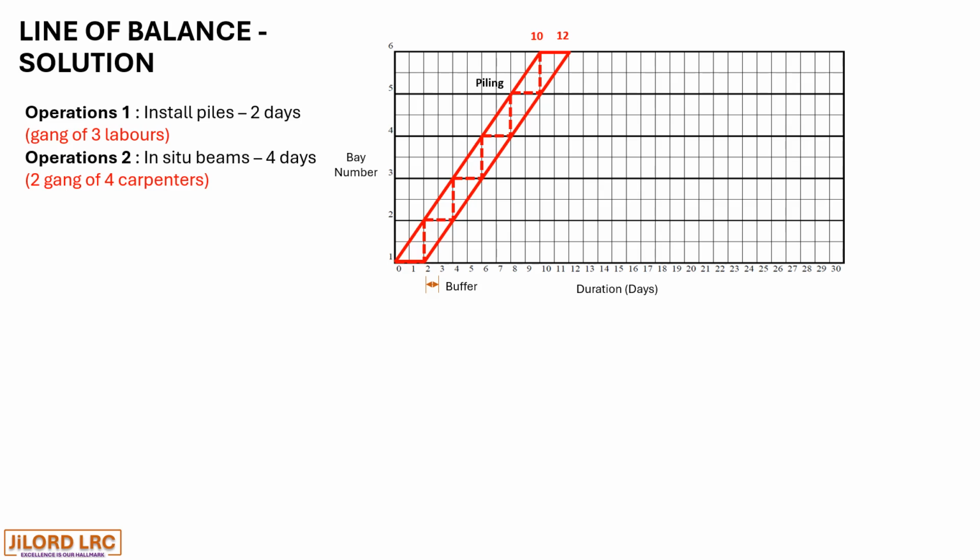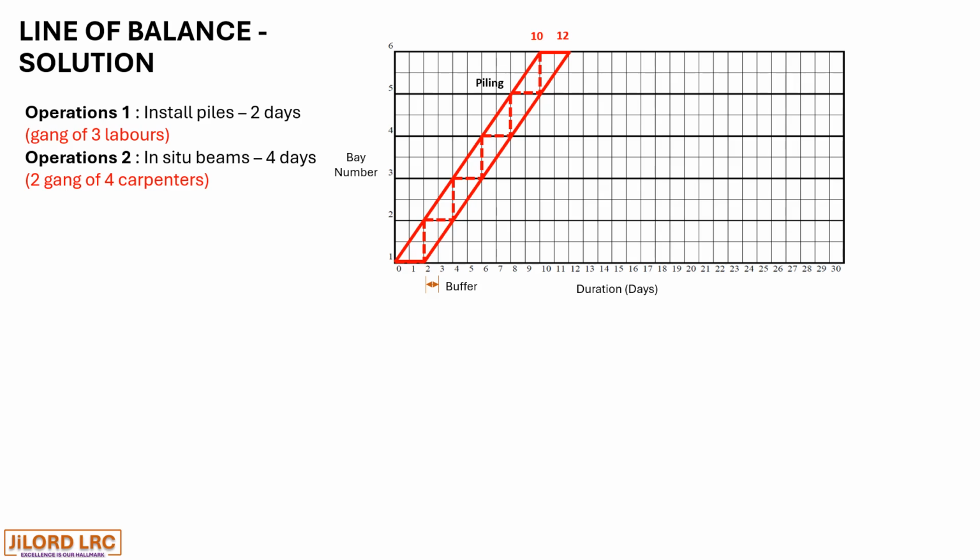Now we have increased the number of gangs of carpenters by an additional gang, making 2 gangs of carpenters. So each bay is supposed to be constructed in 4 days. So when one bay is halfway through, the second gang then commences the other bay. So we have 2 gangs of carpenters, each going to work on 3 bays and then get the work completed on time.